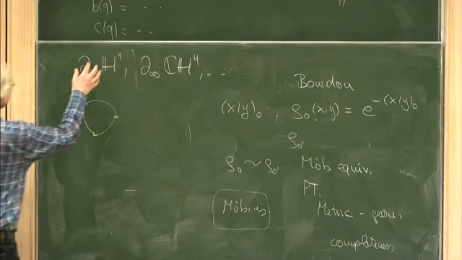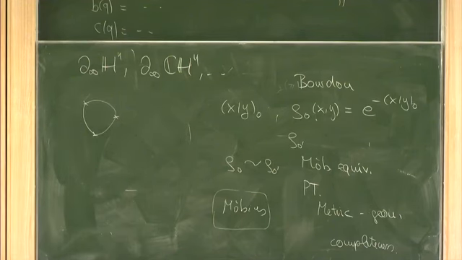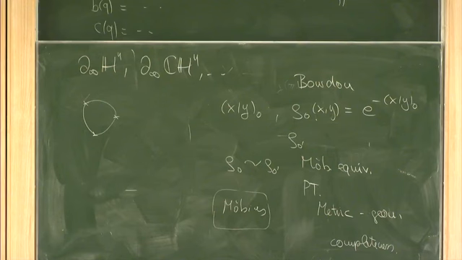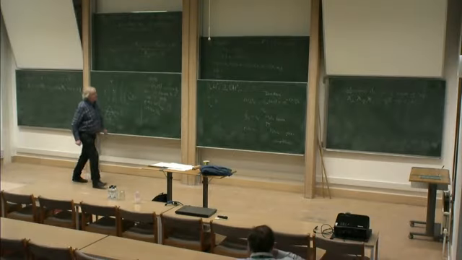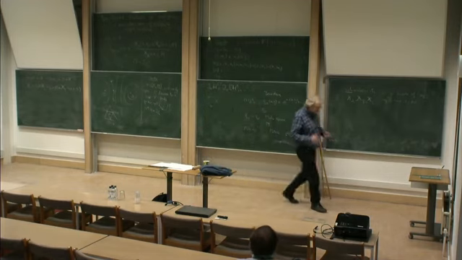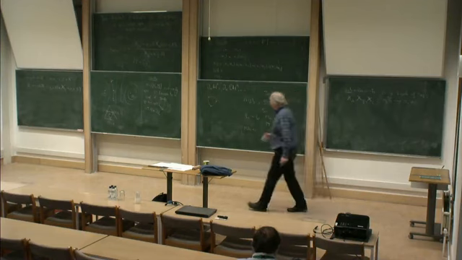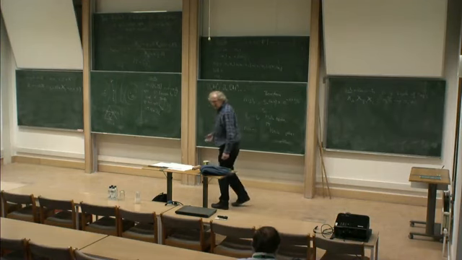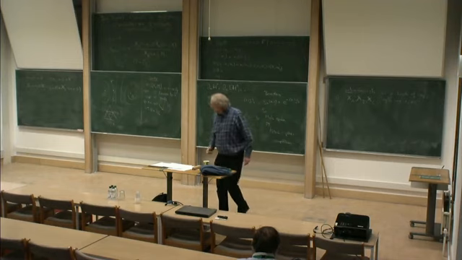So this space can be characterized by the property that there are plenty of circles in the space, and circle is a Moebius condition. And there is of course much more complicated but also similar kind of characterization for the boundary of complex hyperbolic space.